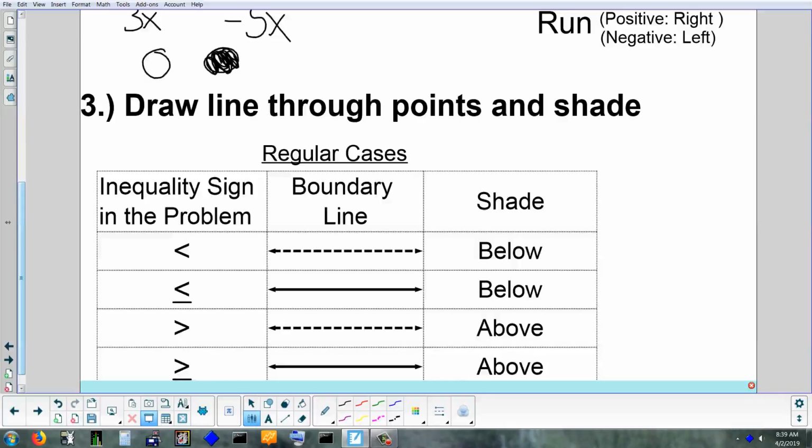If there's a line underneath when we graph these, we want to make sure the line you draw is solid. You can think of it two ways. When you have the line underneath, they go together, so draw your line solid. No line underneath, dotted. Less than or equal to, below. Greater than or equal to, above.